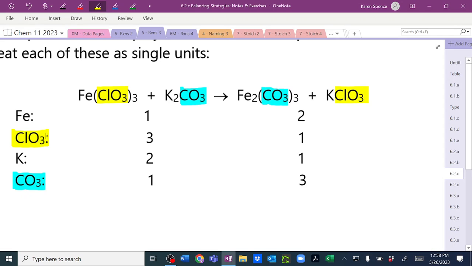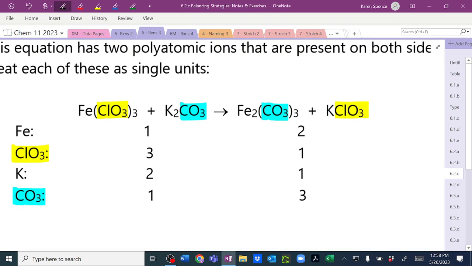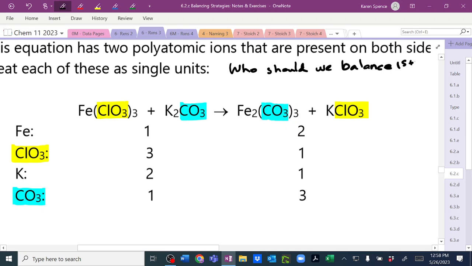Who should we balance first? Tell your partner, who should we balance first? You want to balance the ions in what?